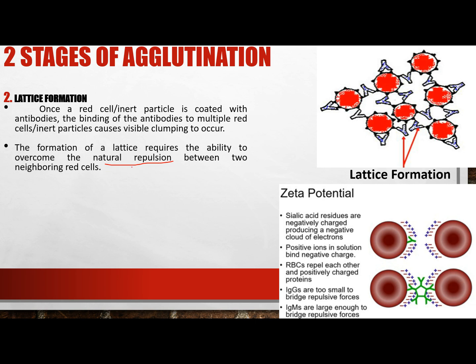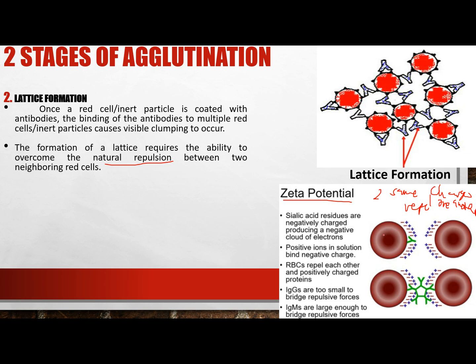When we talk about the natural repulsion of two cells, we're talking about zeta potential. In zeta potential, sialic acid residues are negatively charged and produce a negative cloud of electrons. If you have two of the same charge, you would repel one another.